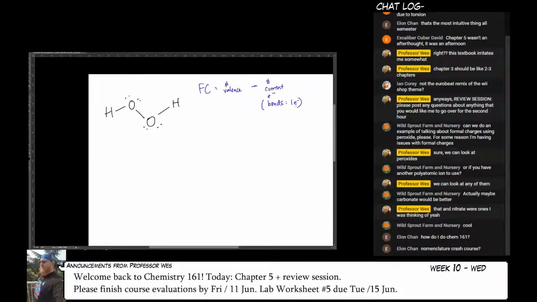Because we don't want to double count electrons in formal charge. The way that we do that is we circle the atom in question. So I'm going to just pick this hydrogen here. Hydrogen has one valence electron, and it also has one electron that it has currently in its domain. So its formal charge would be 0.